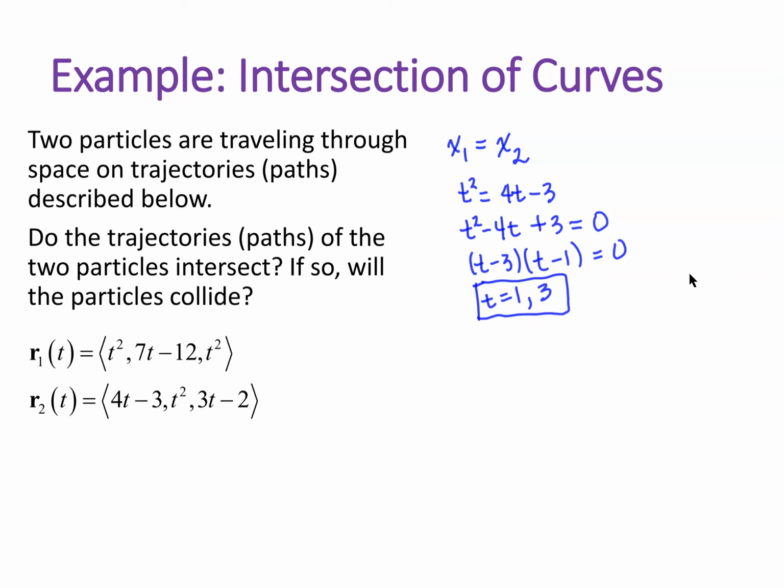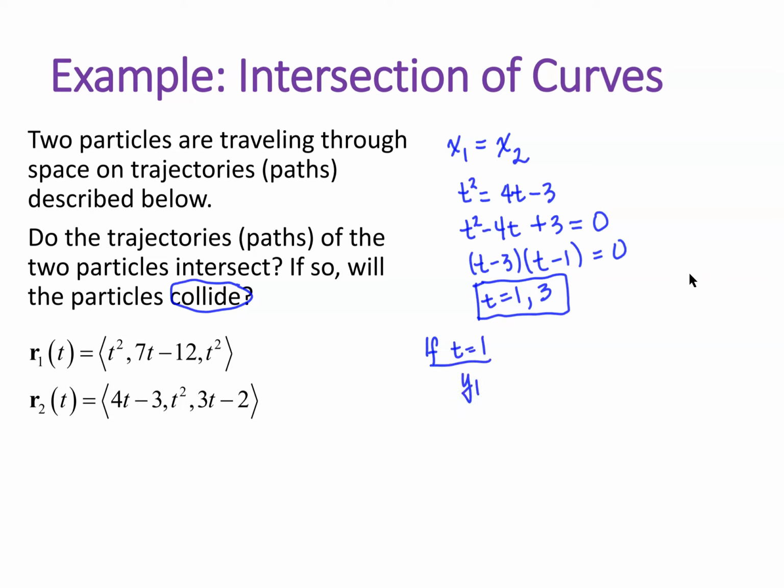Which then raises the question: we've made sure that the x coordinates for the two vector valued functions are the same for those times, but will the y component functions and the z component functions be the same? Because all three component functions have to be the same for the particles to collide. So let's take a look at our y component functions. Let's start with t equals 1.